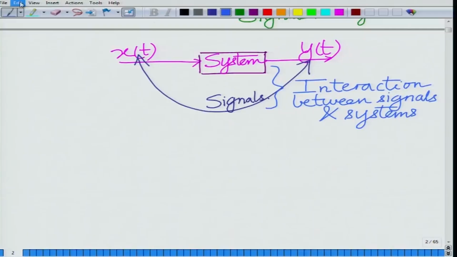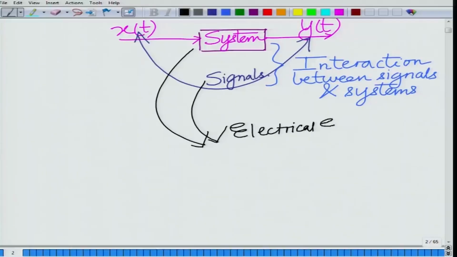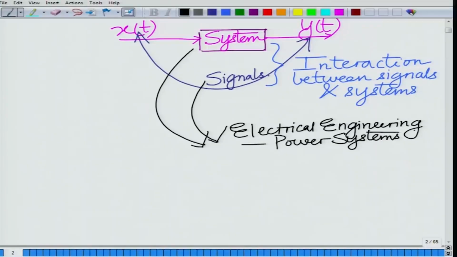Now, signals and systems are applied in several branches of engineering. These are vast applications. For instance, I have applications in electrical engineering, in the design of power systems, smart grid, you name it.